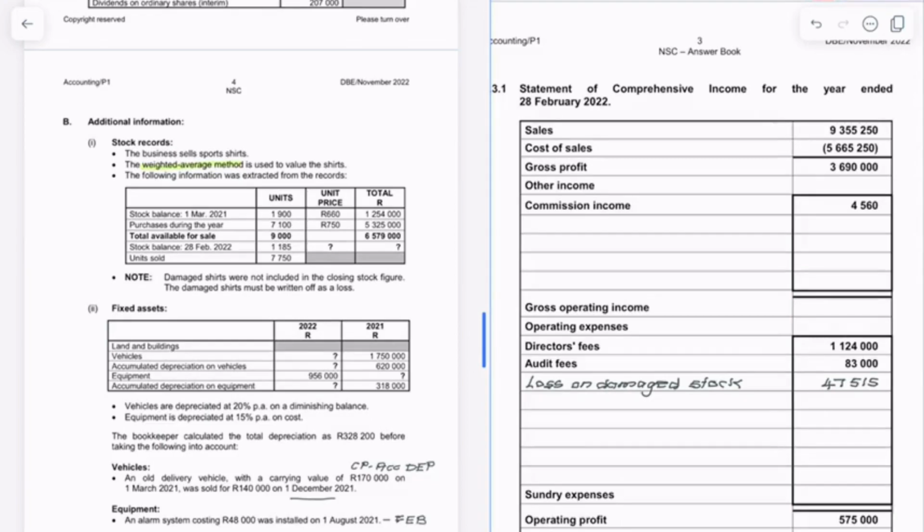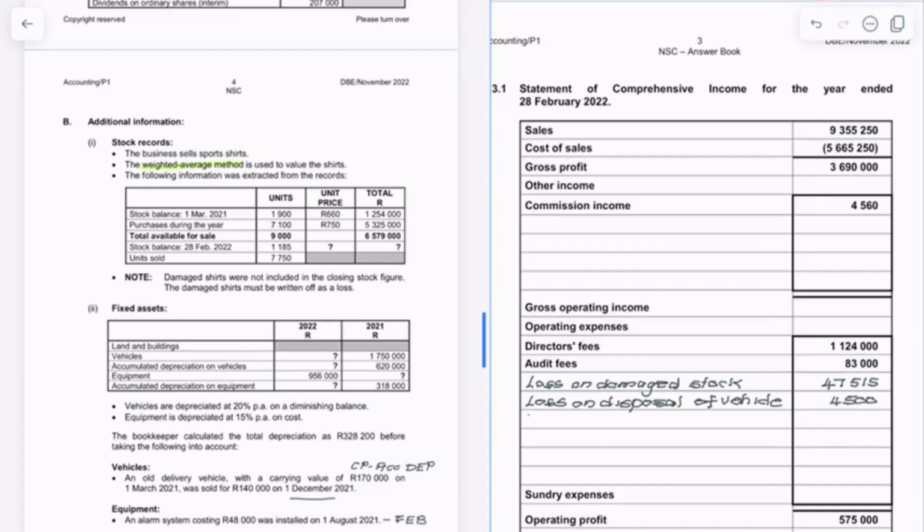Loss on disposal of vehicle, and that was 4,500.